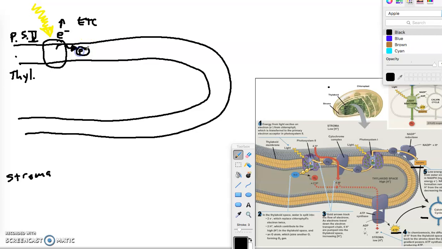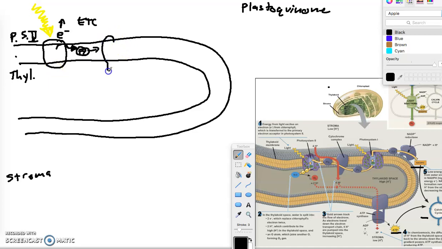One is called plastoquinone. I'll write them over here. Plastoquinone. Okay. And what it's going to do is it's going to receive that electron, and then it's going to pass it on to, you can see it right here, the cytochrome complex.